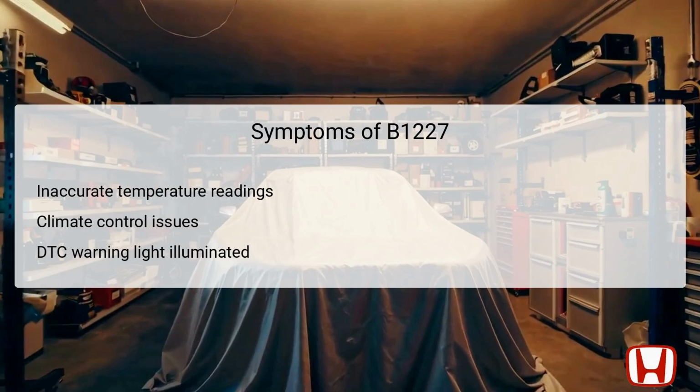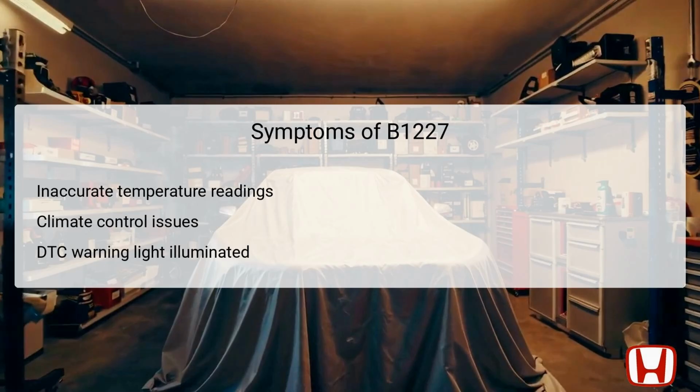Symptoms associated with DTC B1227 may include inaccurate outside temperature readings displayed on the dashboard, which can affect the efficiency of the climate control system. Drivers may notice that the heating and air conditioning do not respond appropriately to temperature adjustments, leading to discomfort for passengers.